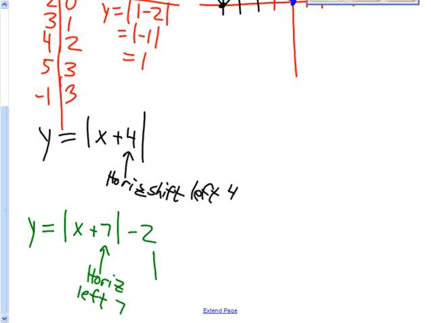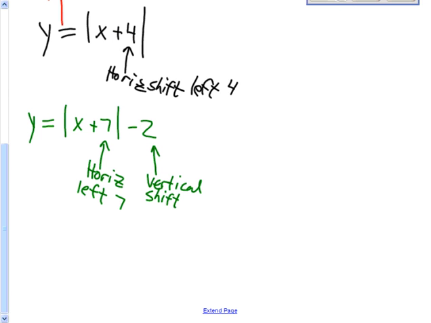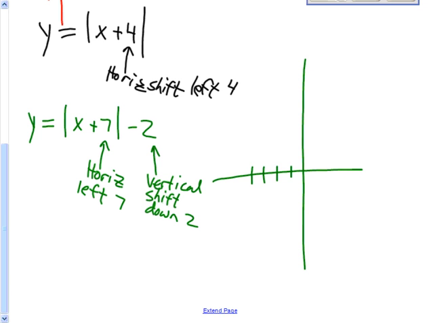Left 7, and this is a vertical shift down 2. So left 7, down 2 is where that vertex is, so it looks just like that. And of course you could plug some points in and check it as well.